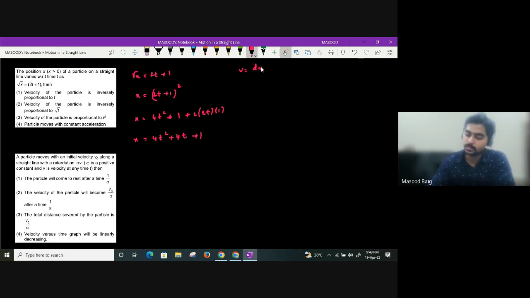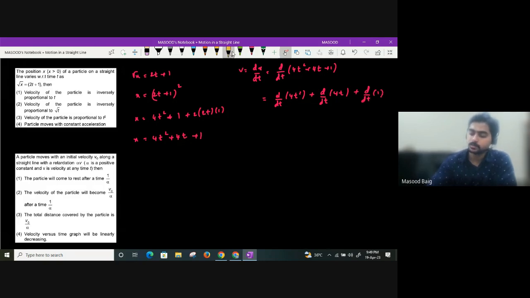So we got the displacement. How can I find velocity? Basically it is the rate of change of displacement. So I'll get d by dt of 4t square plus 4t plus 1. It is in the form of the derivative of u plus v plus something, so I'll get the derivative of 4t square plus the derivative of 4t plus the derivative of 1. What is the derivative of 1, beta? The derivative of any constant is 0.